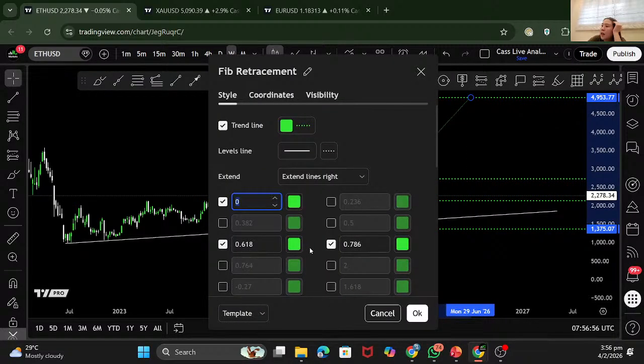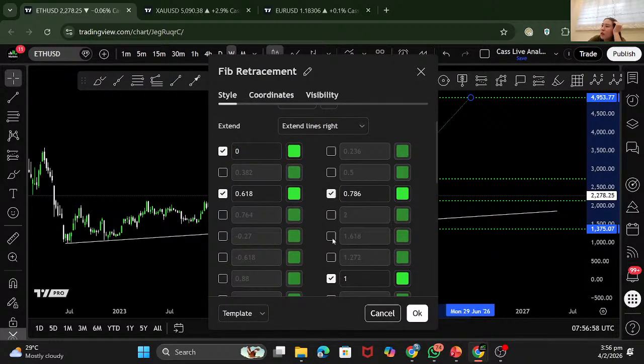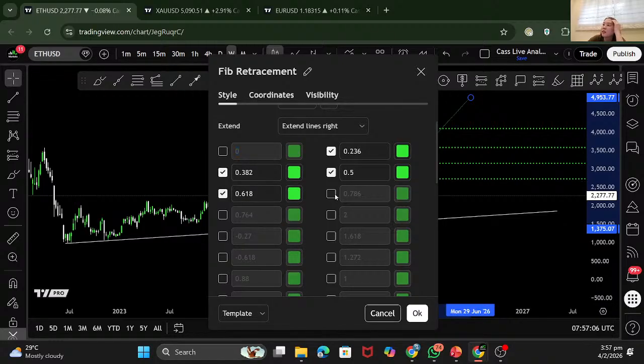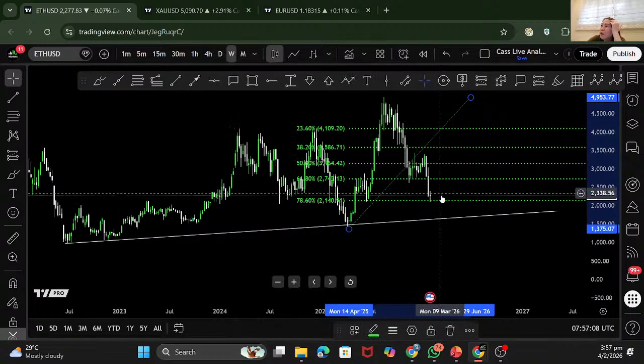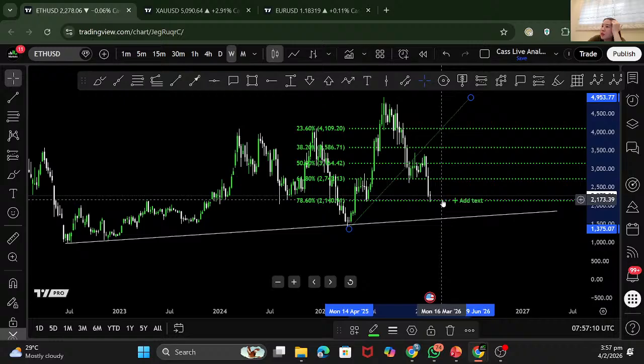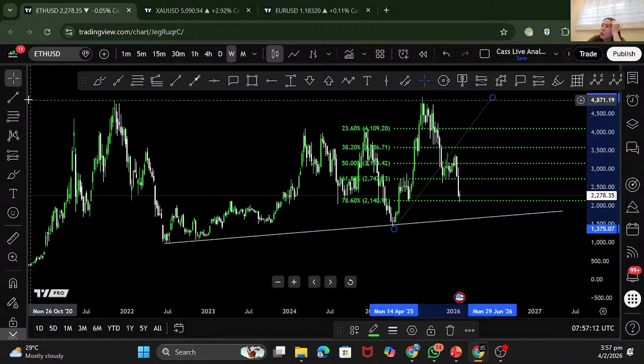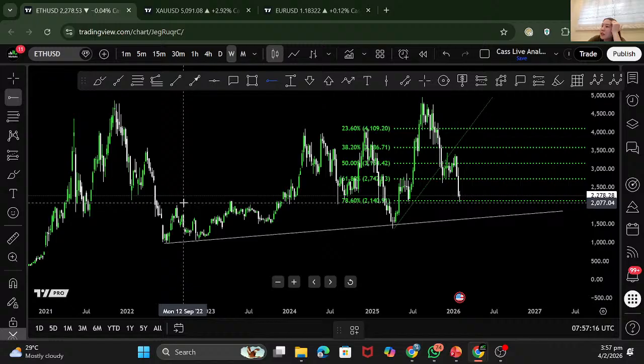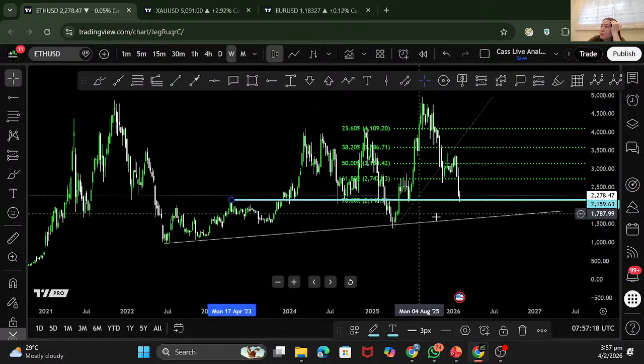Okay, 78. There's no other level. So the 5 levels that we look at are usually 23.6, 38.2, 50%, 61.8, and 78.6. Price is at 78.6 right now, and it's also at a key horizontal level.